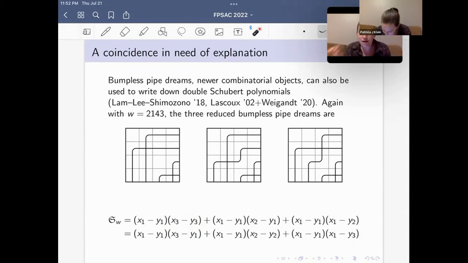And so we saw that the pipe dream formula came with some geometry attached to it. And so it's natural to ask if the bumpless pipe dream formula also carries geometric information for us, or if it lives on its own.